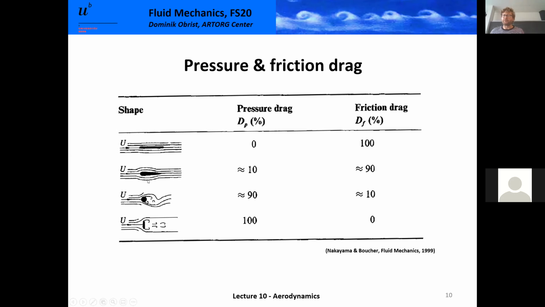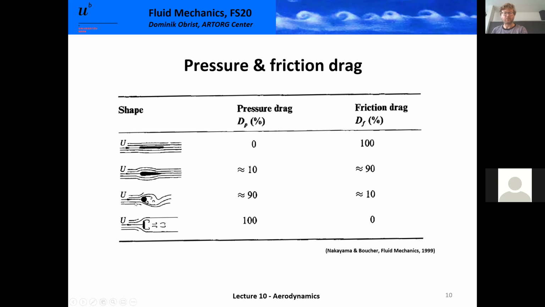And a typical airfoil, a well-designed airfoil, has relatively little pressure drag and a lot of friction drag. This is also why in an airfoil, if you want to reduce drag as an engineer, it's much more promising to work on a very smooth surface, not to have any asperities on the surface so you can reduce the friction drag, whereas the pressure drag, if the airfoil is well designed and has no wake or only a very, very small wake, will be small anyway.